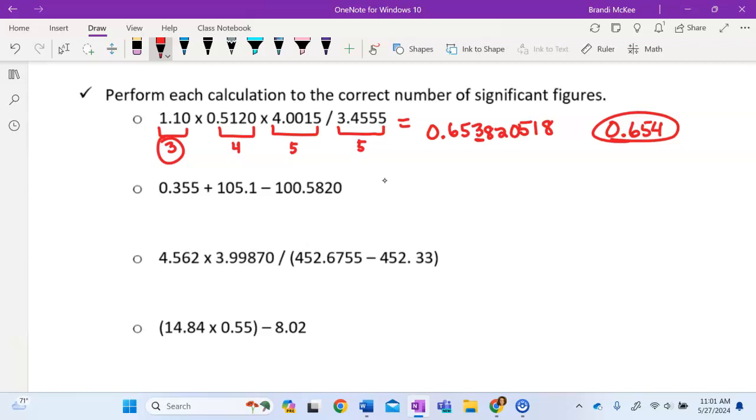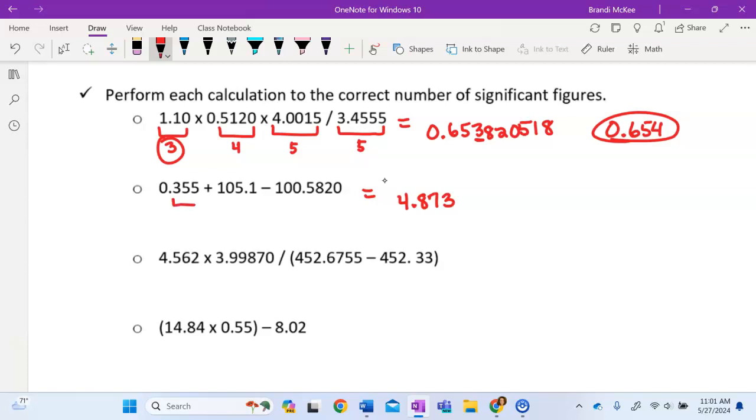Again, no mixed operations, so we punch it in the calculator, and the answer that we get is 4.873. But we need to look at how to report it to the correct significant figures. When we add and subtract, it doesn't matter about anything before the decimal. It's only the numbers after the decimal.